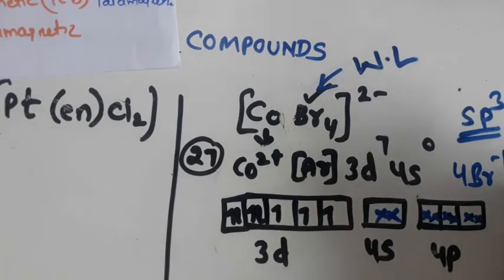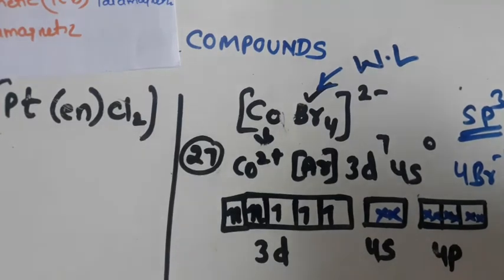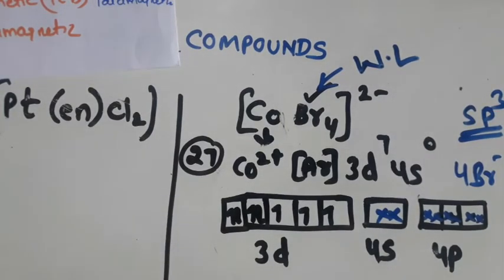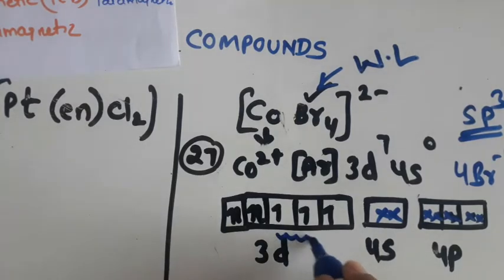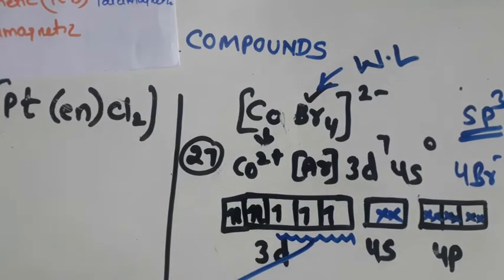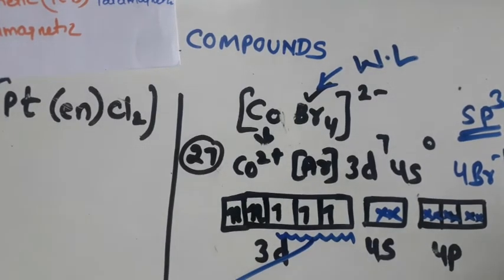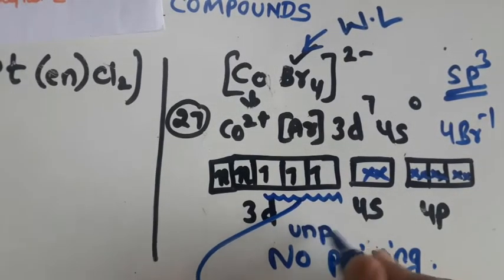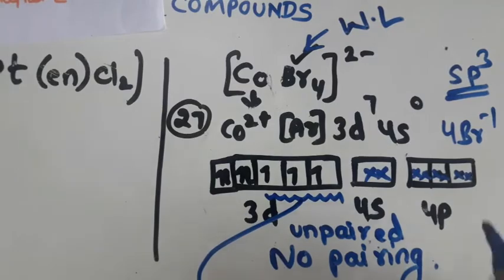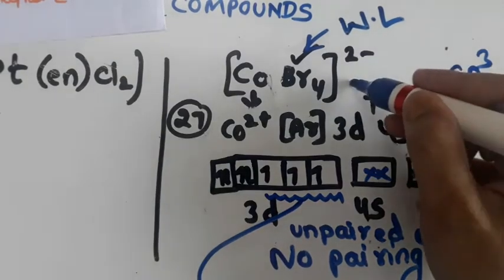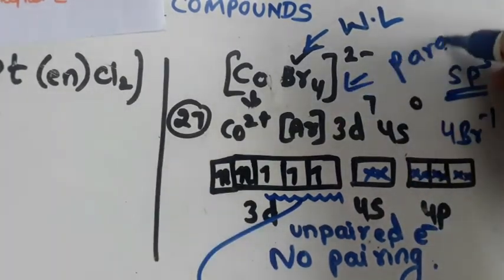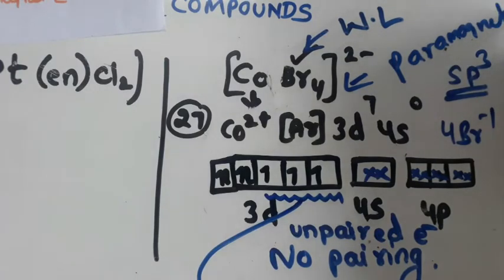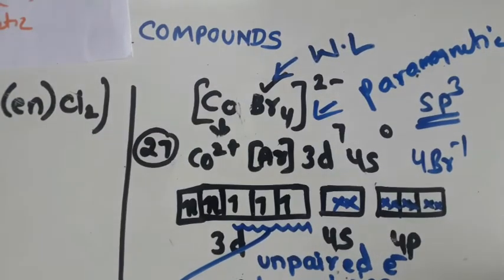But we don't have to answer whether it is sp3 or what the geometry is. Our main focus is whether it is going to be paramagnetic or not, because it has an unpaired electron. So due to the presence of an unpaired electron, this particular compound is paramagnetic.